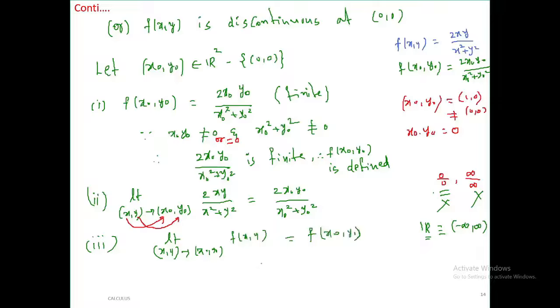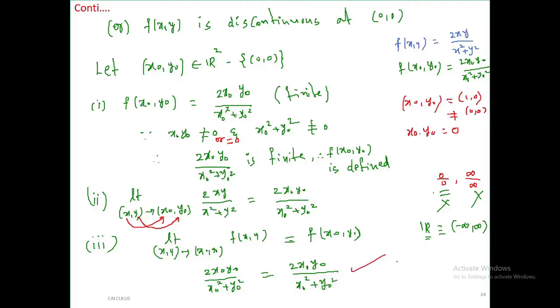By the first and second points, the limit value is 2 x naught y naught divided by x naught square plus y naught square. Does it equal f of x naught y naught? By the first point, f of x naught y naught is 2 x naught y naught divided by x naught square plus y naught square. So it is satisfied. The third condition is satisfied. All three conditions are satisfied.